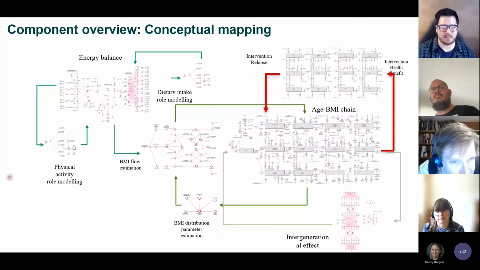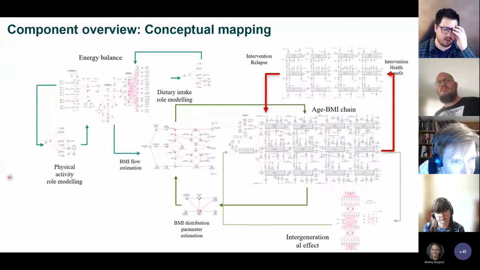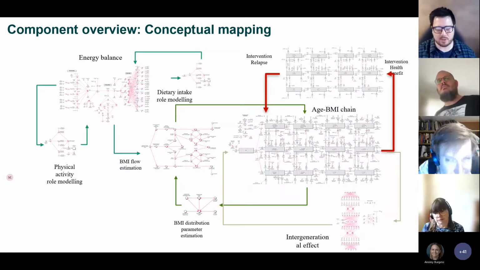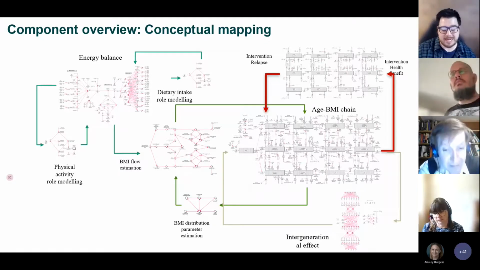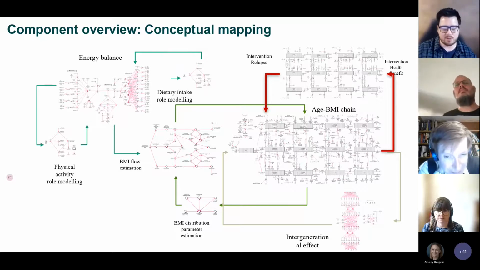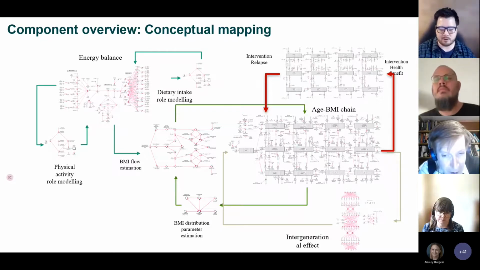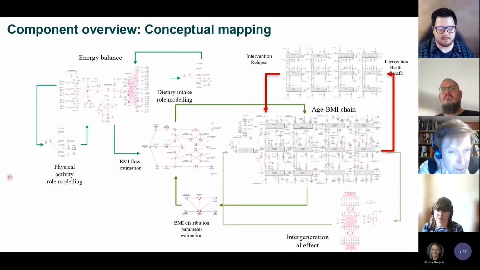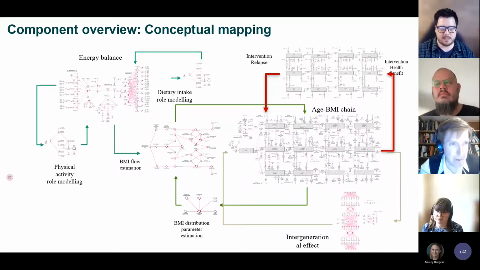And eventually it came to this structure, which doesn't represent everything that was included in the workshops, but it was more of a time and space and data question, what we could use, that limited what we could include in the final model.